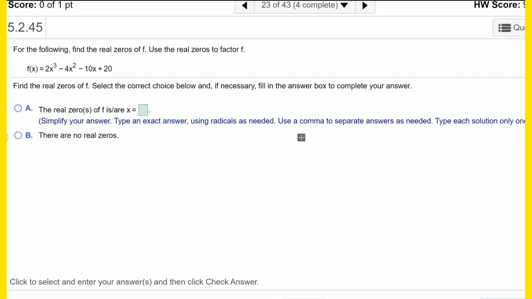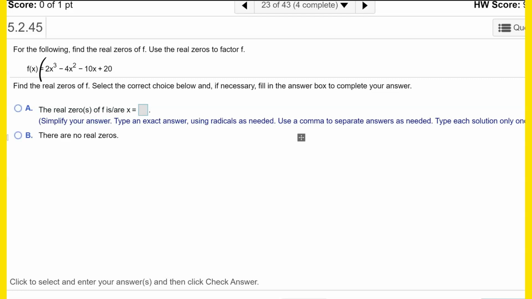One way you can do this one, but won't work all the time, is by factor by grouping. I can tell this one will work by factor by grouping because 2 times 2 is 4, and 10 times 2 is 20.